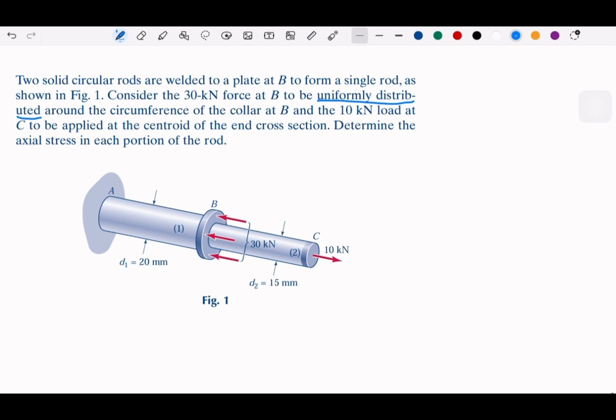So what does that mean? It means that since the picture gives you the diameter here, we need to make an observation. Simply, the first one, we cut this one, and then the second, we cut this two, and see how the stress works. So that's how it is.